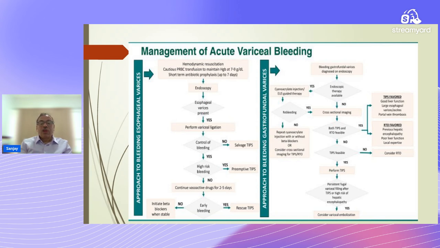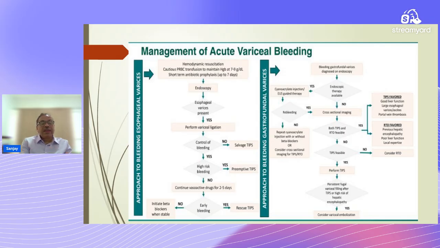If control of bleeding does not occur with your EBL, say endoscopic band ligation, then you have to do salvage TIPS. So, in a nutshell, after doing endoscopic measures of control of hemorrhage, if bleeding is controlled and it is not a high-risk case, then you continue the patient on pharmacotherapy.